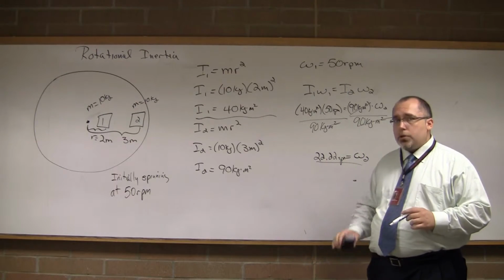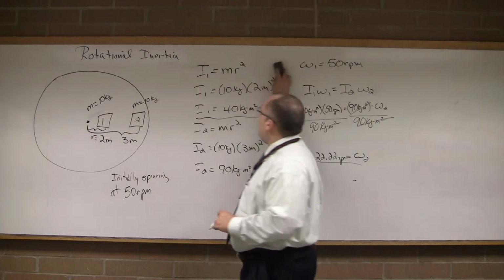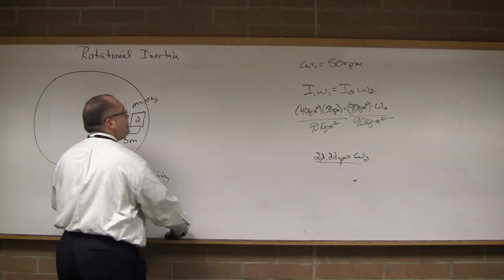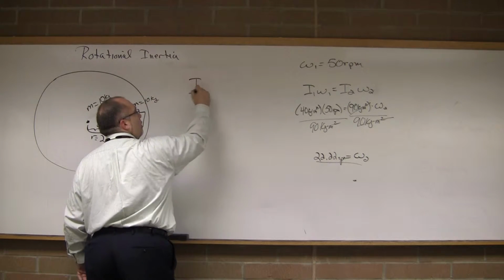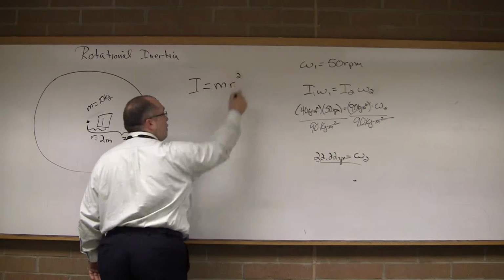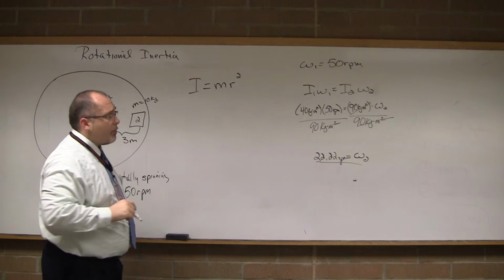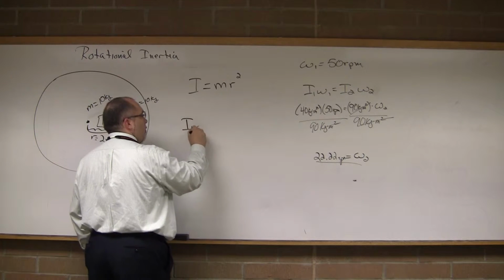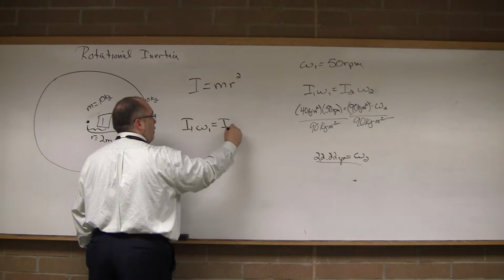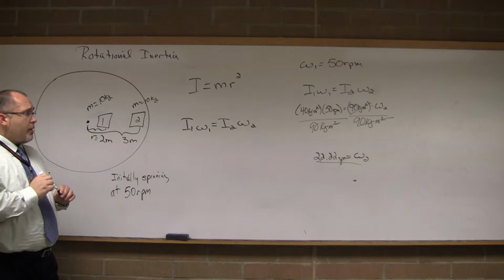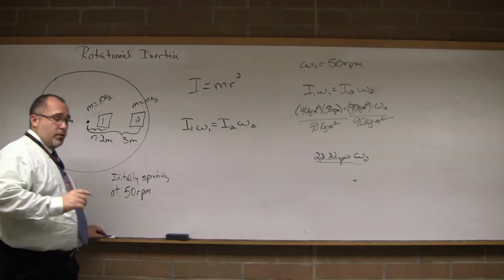In general, I want you to think of a specific relationship here. That relationship is between two different formulas, the two formulas we just used for that example. One for rotational inertia, which is I equals mr squared. And the one for the conservation of angular momentum, that is the I1 omega 1 equals I2 omega 2.